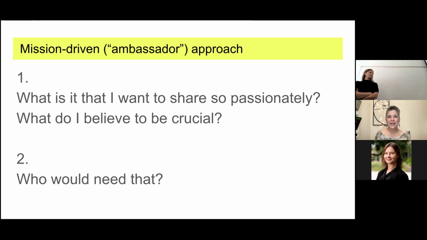So, do you have any ideas what this could be for you? What are you passionate about when it comes to English? Which part of English, which aspect, which skill? Something you could talk day and night about, something that you truly believe is the most important.